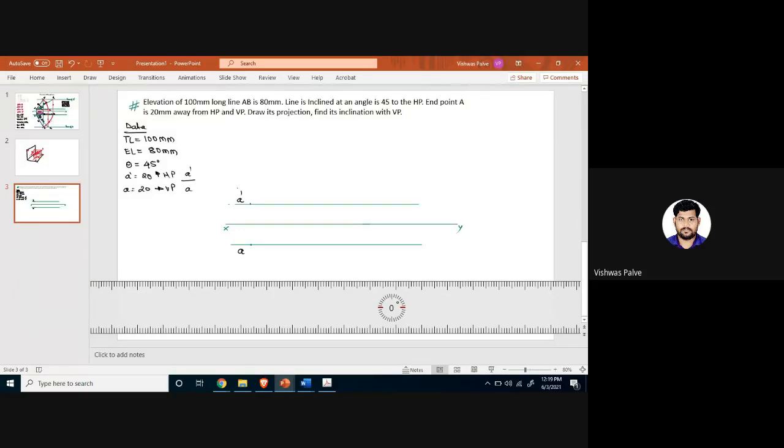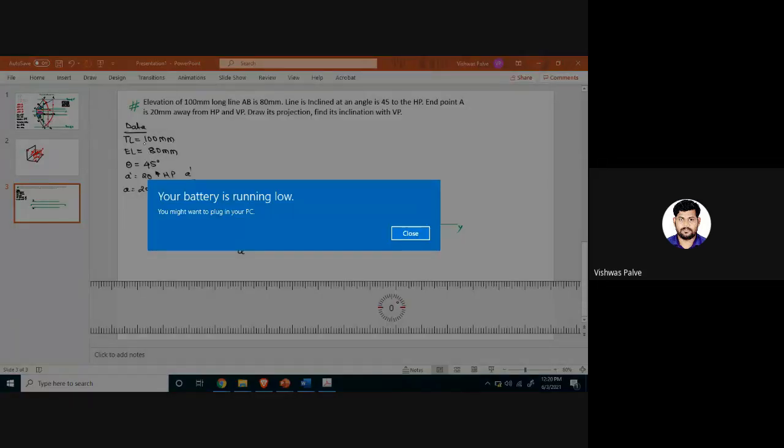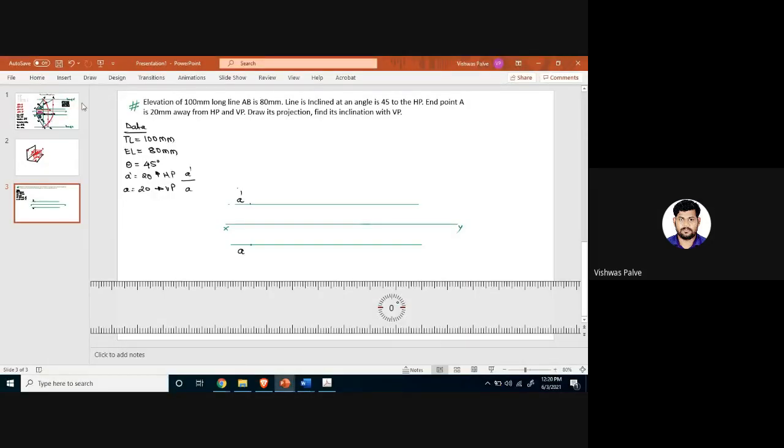A dash is drawn. Then what is the data given? The elevation length is given as 80 mm and the true length is given as 100 mm. First let us draw the true length at a 45-degree incline.